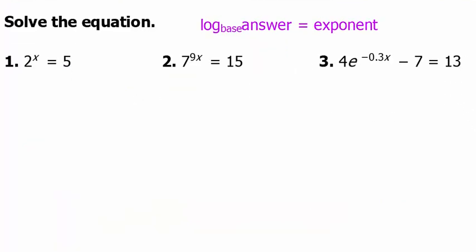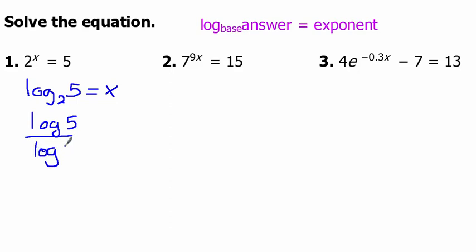So here we are going to convert these to logs, and when I convert this to a log, log base 2 of the answer equals the exponent. And how do I do that? Last time we could convert these, so we can do log of 5 on the top and log of 2. That converts it to a common log, and that allows us to grab a calculator to do those.